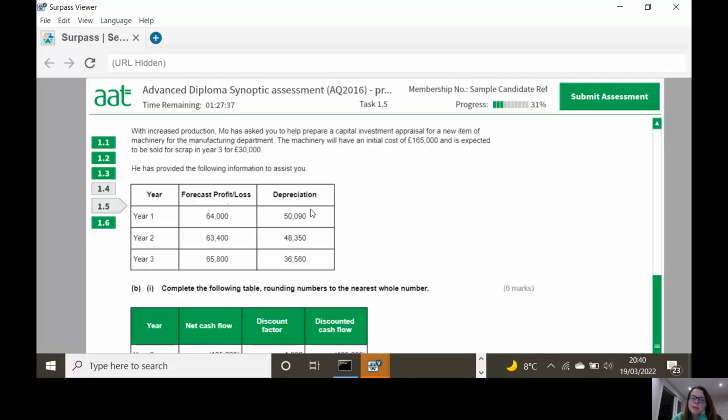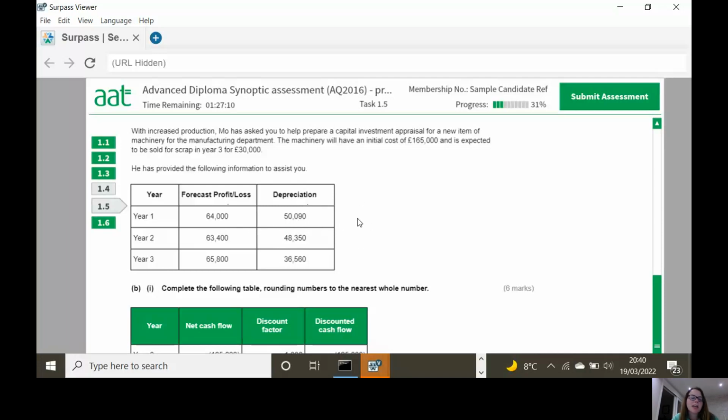I also know that depreciation is a non-cash expense, and therefore if my actual profit figure is 64,000, I need to add back, God, that's a huge depreciation figure, isn't it? 50,090 of depreciation, which gives me a cash flow.